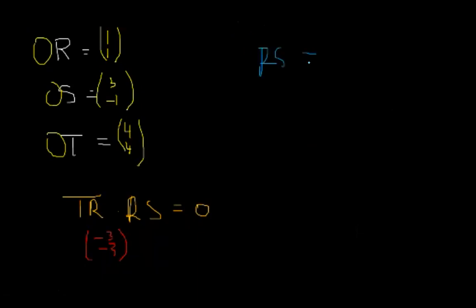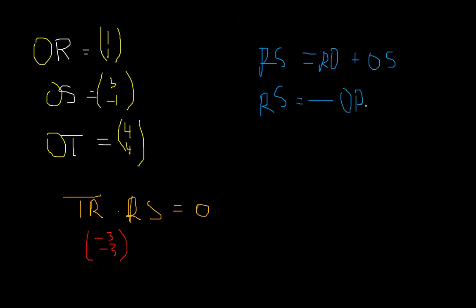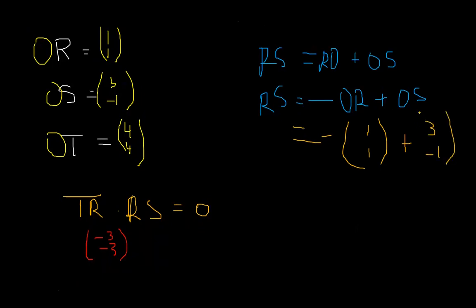RS would be RO plus OS. But RO is the opposite of OR, as you put it. So this would be minus OR plus OS. So this would be minus 1, 1, because OR is 1, 1. And then OS is 3, minus 1.